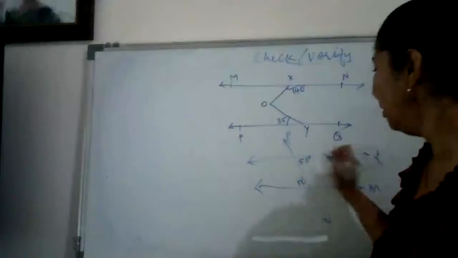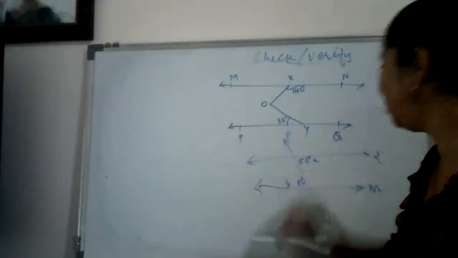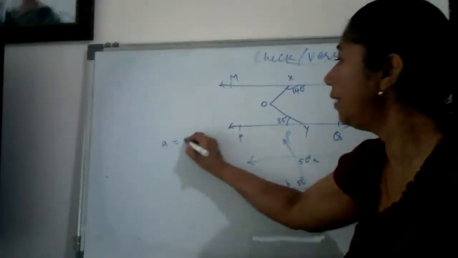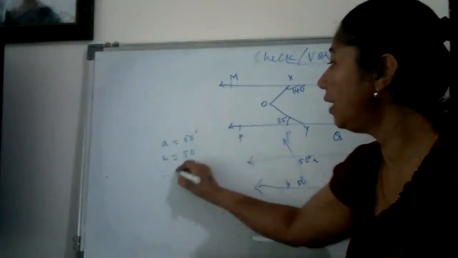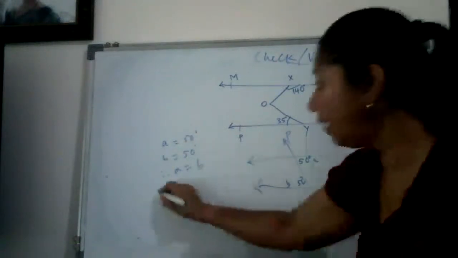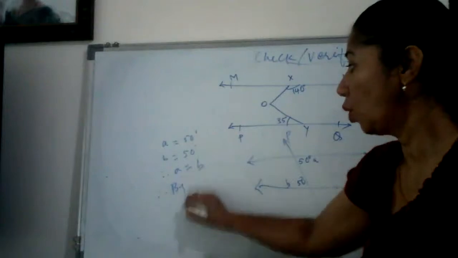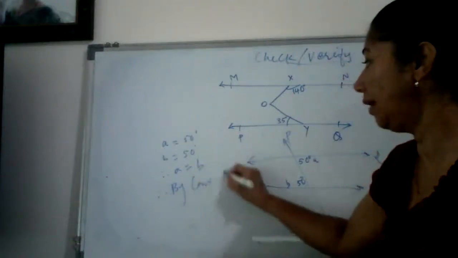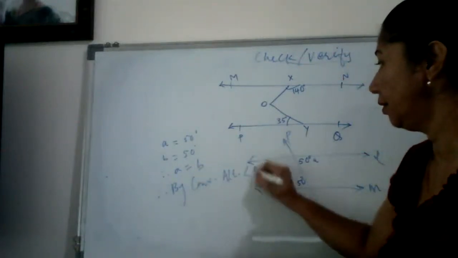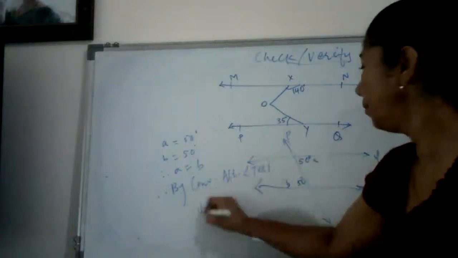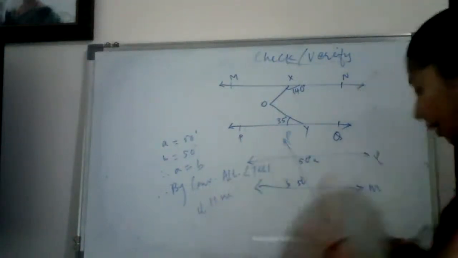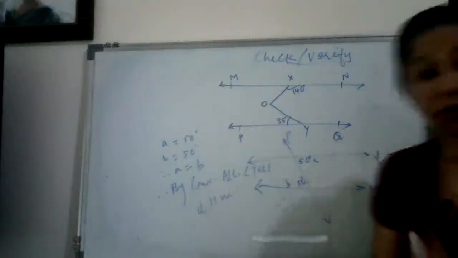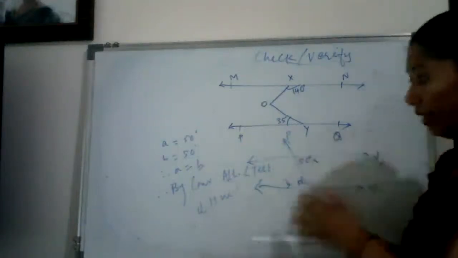That this angle, say this is A and say this is B. So you will say A is 50, B is 50, and therefore A is equal to B. And therefore, by converse of alternate angle test, lines are parallel. I hope this is clear to you. Yes, writing work again, I will be solving the questions, so you don't have to worry about what to write.